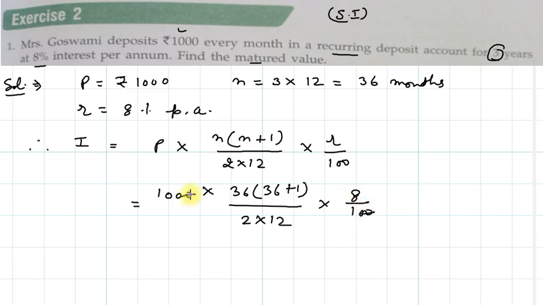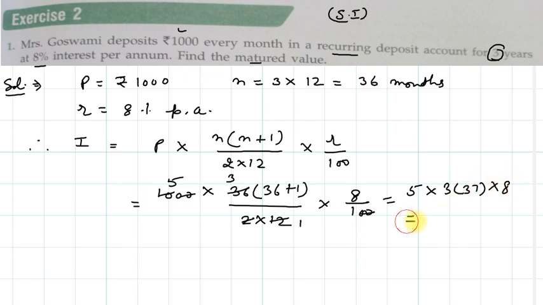These two 0s got cancelled with this. 12 1s are 12, 12 3s are 36, 2 5s are 10. So what has our equation become now? 5 into 3 into 37 into 8, right?